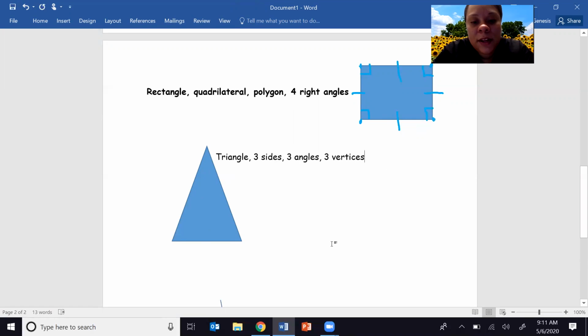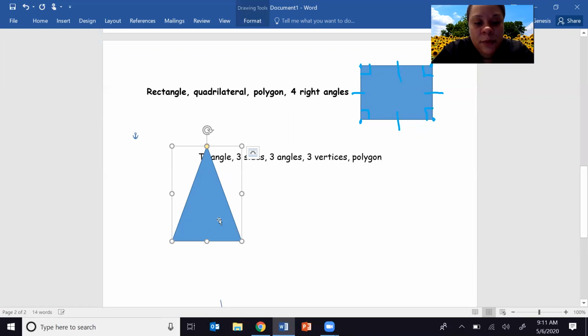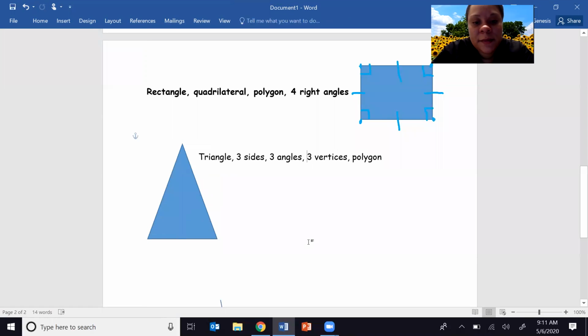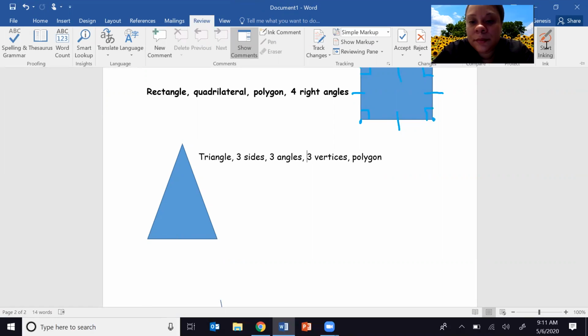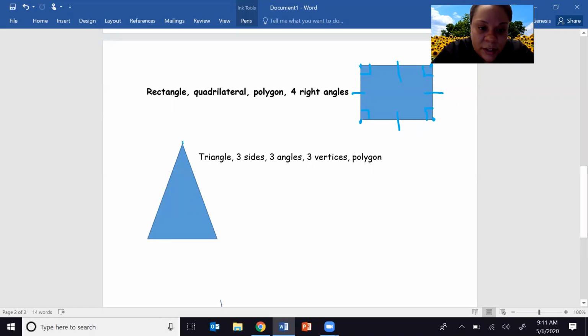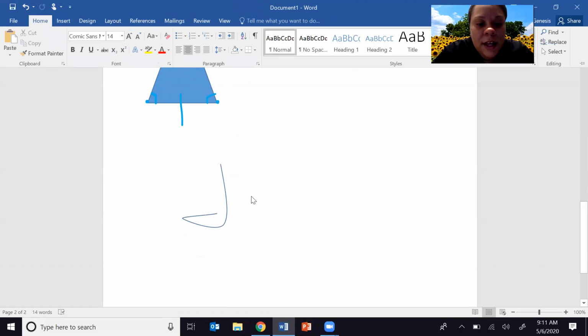Then it's a polygon, because it is a closed shape with at least 3 sides. So that's how we would describe it. Let's mark that one. We see our 1, 2, 3 vertices, 3 angles. You see how it doesn't make a square, but it does have angles. And then 1, 2, 3 sides.